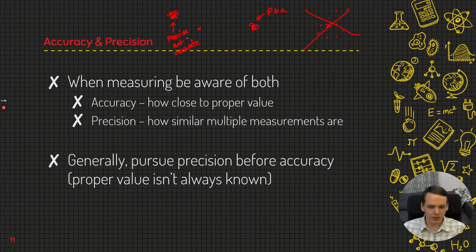The reason for this is because we don't always know the proper value, so we can't know if my results are accurate, just not precise. We can only know whether they're precise or not, and then from taking a bunch of measurements over time, and having some other people do it, we can figure out, okay, yes, this probably is also accurate.